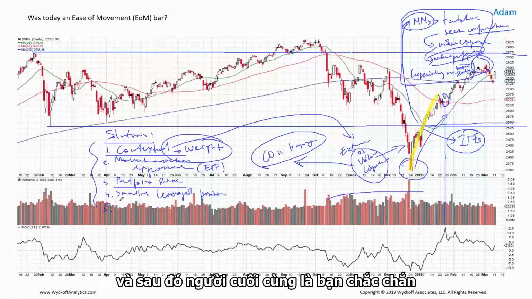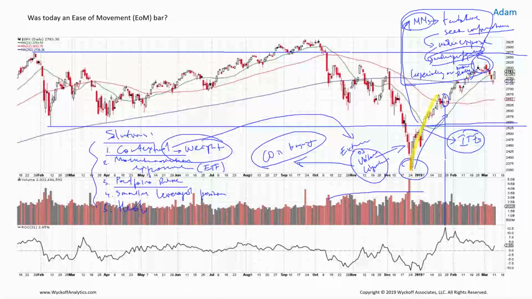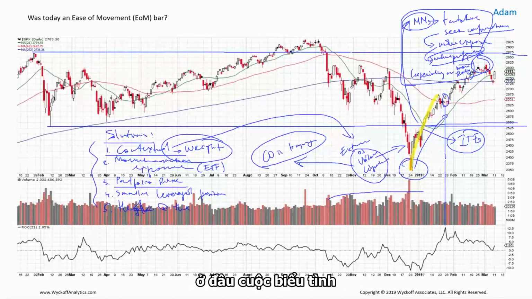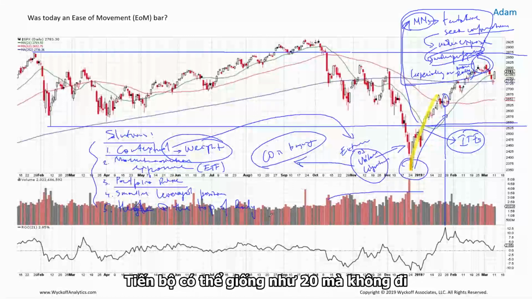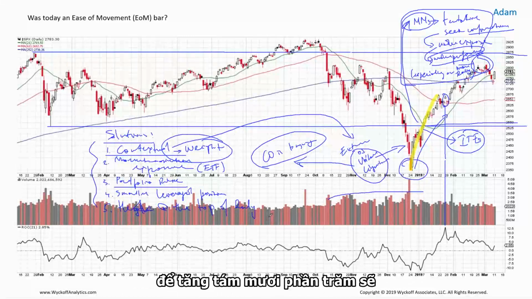And then the last one is you definitely want to understand how you're going to do your hedge at the top of the rally, because your portfolio is going to have some positions, maybe the majority, that are going to advance, maybe like 20% that are not going to advance, 80% that are going to advance. Out of those 80%, you're going to have some positions that advanced but not as much. You're going to have 20% that advanced a lot.